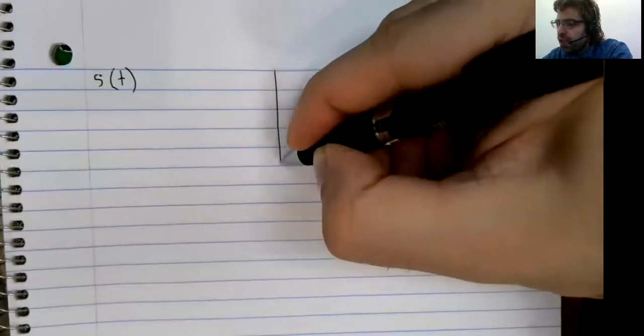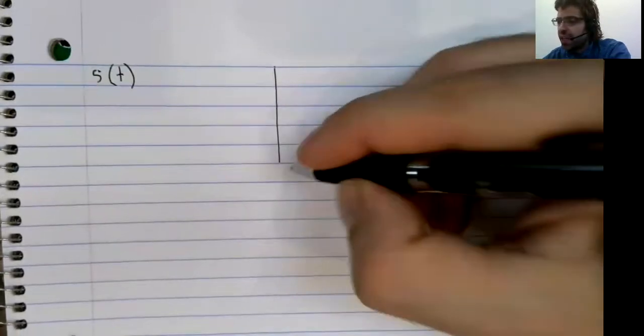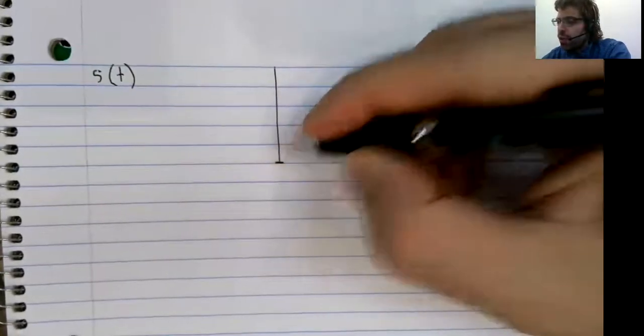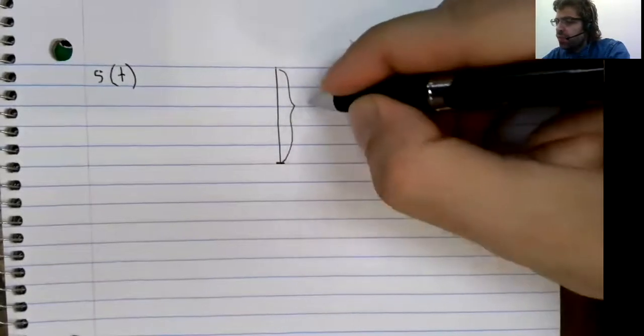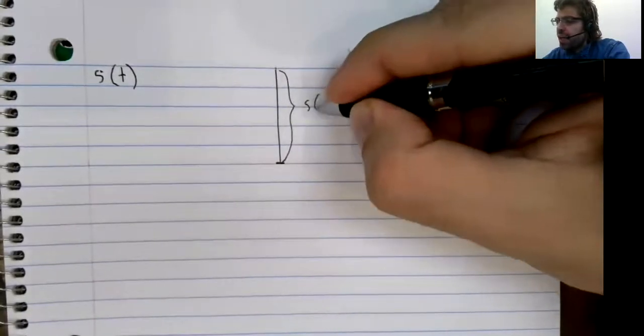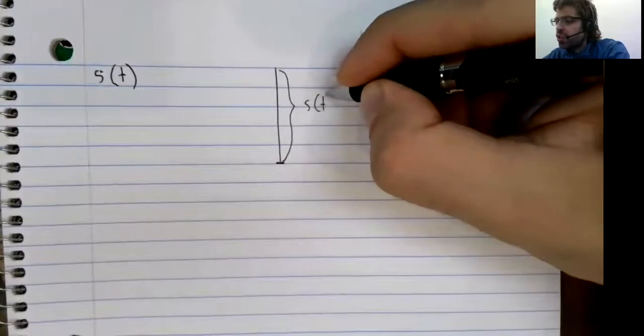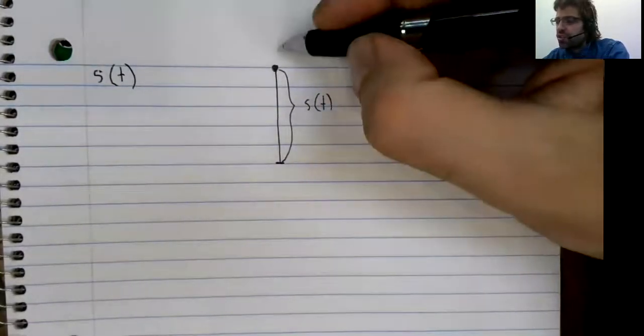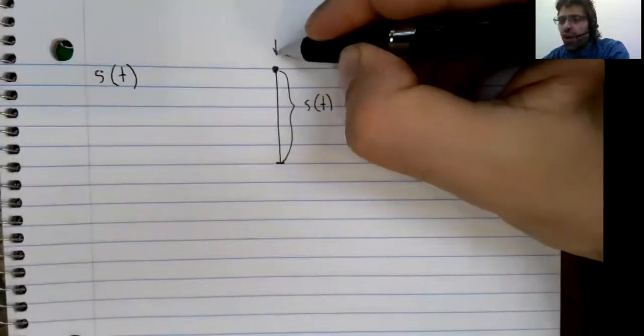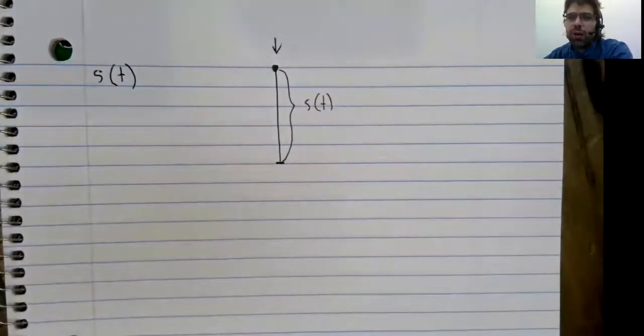Maybe just to have a concrete example, we'll let S of t be a height function representing the height of a falling object.